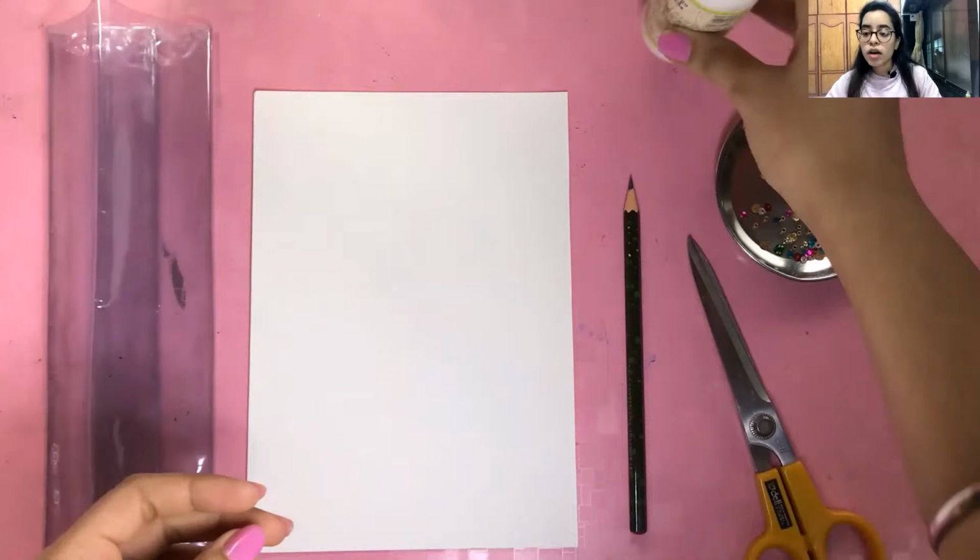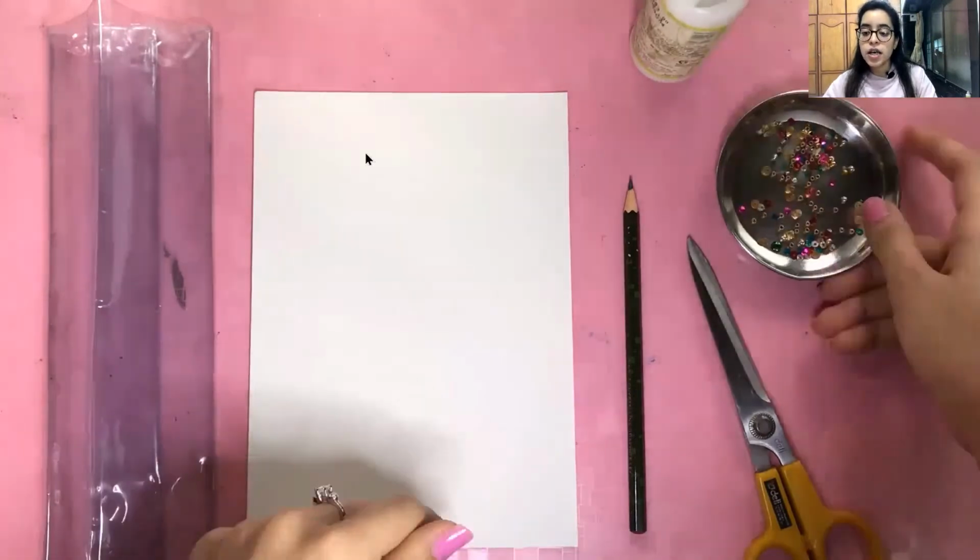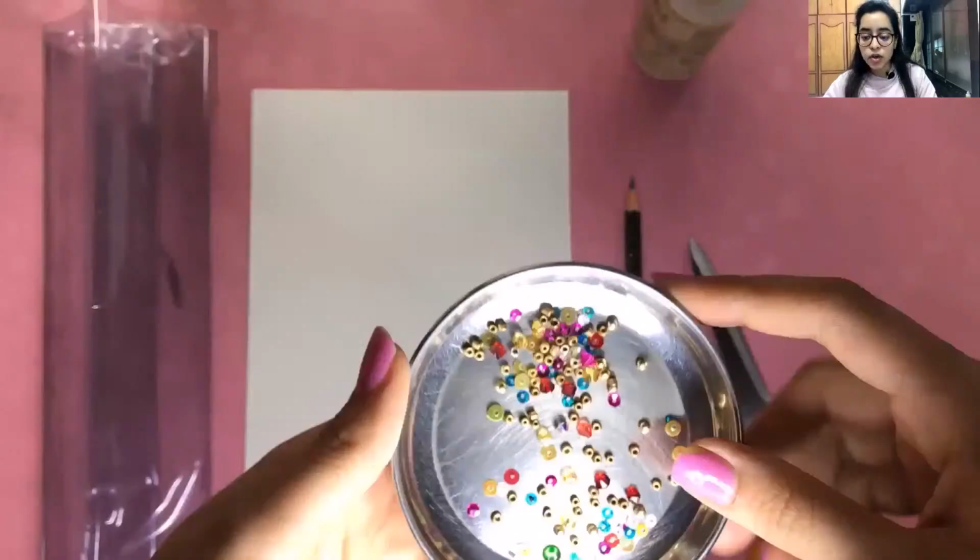So don't worry, whatever I stick with the help of a Fevicol, you can just do the same with the cello tape as well. So in case you're not having a Fevicol, you can substitute it with a cello tape. Okay. So that's the next material, and we need these confettis.